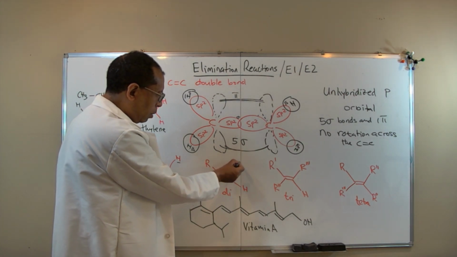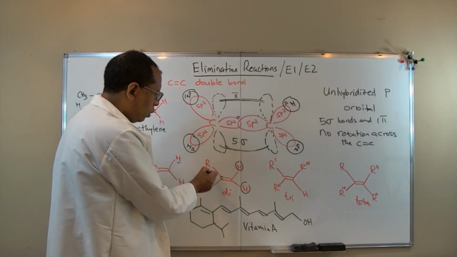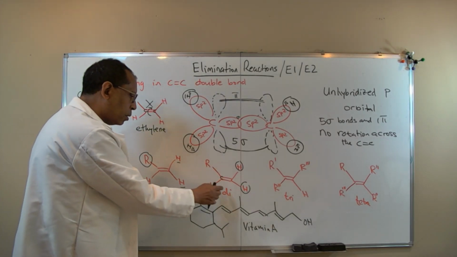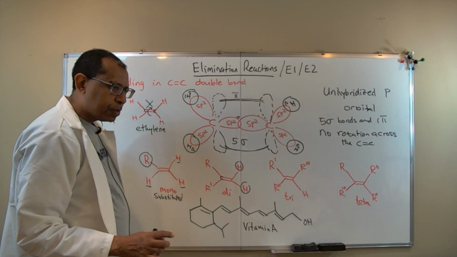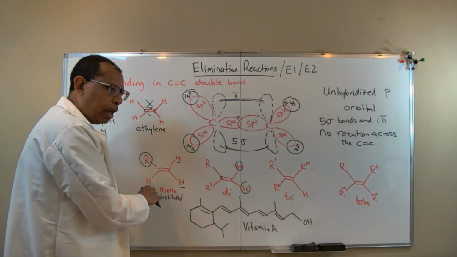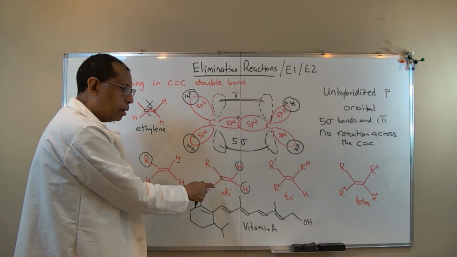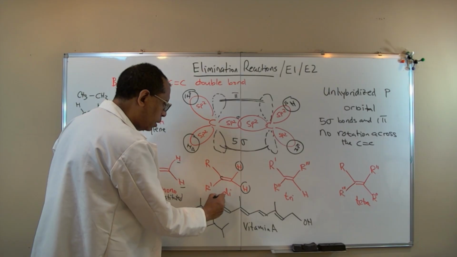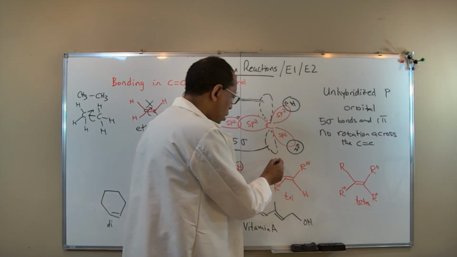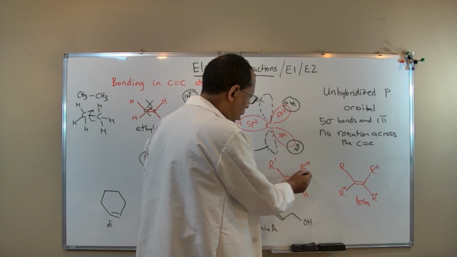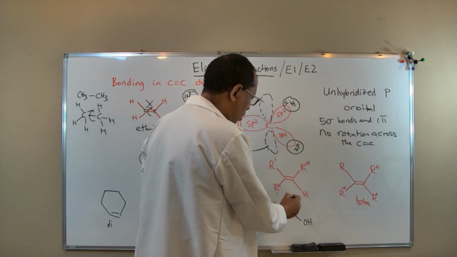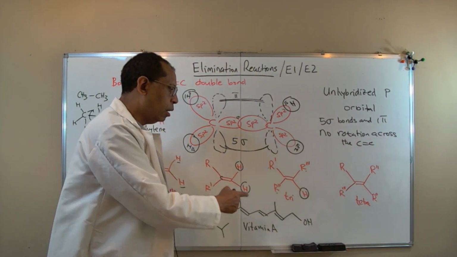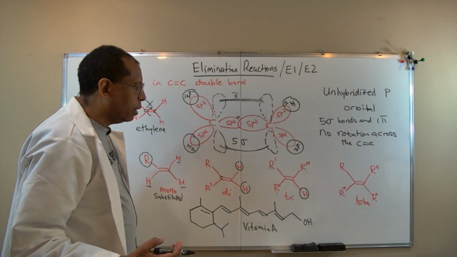So these are hydrogens, but here the two are alkyl groups. It could be the same or it could be different alkyl groups. So this is a di-substituted alkene. In terms of stability, a di-substituted alkene is much more stable than the mono-substituted. We're gonna see that. This you have three alkyl groups. So it's a tri-substituted alkene. Only one of them is a hydrogen.